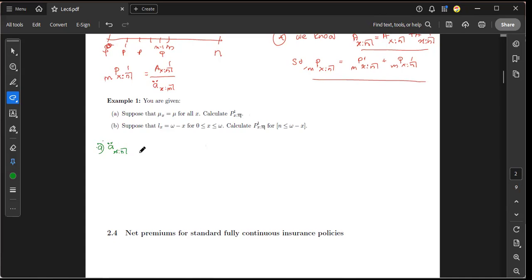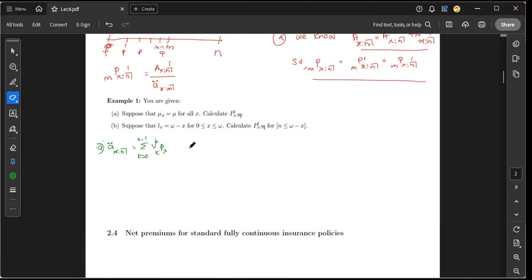So this is a temporary life annuity due. And we know that for the temporary life case, starting from k equal to 0, we take the summation up to n minus 1 of the present value v to the power k times the survival probability k p_x.